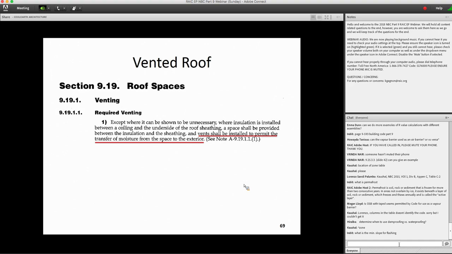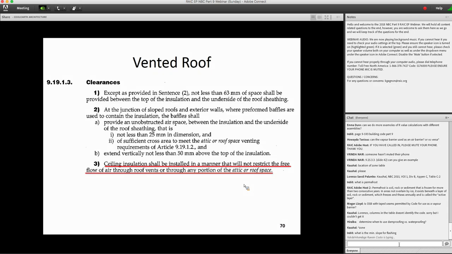So this is the vented roof. The vented roof is a roof that is protecting from the weather. The sheeting has a membrane on top, and you do need to have some air space in between that sheeting and the insulation, with venting. So any moisture that comes into that area will be able to dry out.